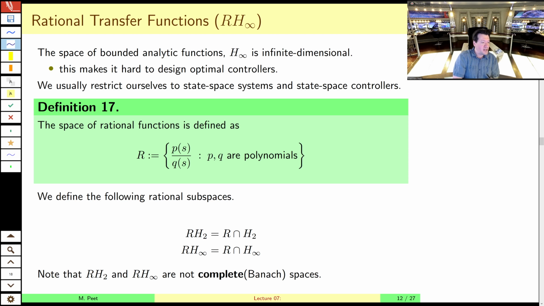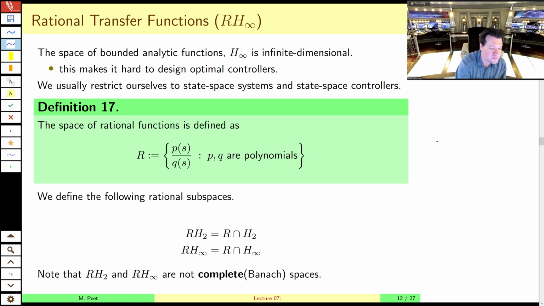And we talked about how we can also represent systems, those matrices, as, for causal linear time invariant systems anyway, matrix valued functions in the complex plane. Right?